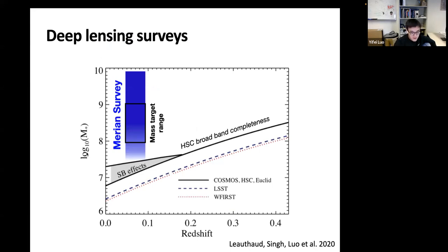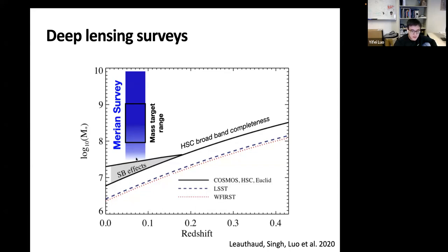You see, this is stellar mass as a function of redshift, and the solid line here is the completeness from HSC, the Hyper Suprime-Cam, and there's also a surface brightness effect. So basically, everything above those is complete for HSC, and you can also see some dashed lines. That's for, say, LSST, the Rubin Observatory, Euclid, COSMOS, and WFIRST.